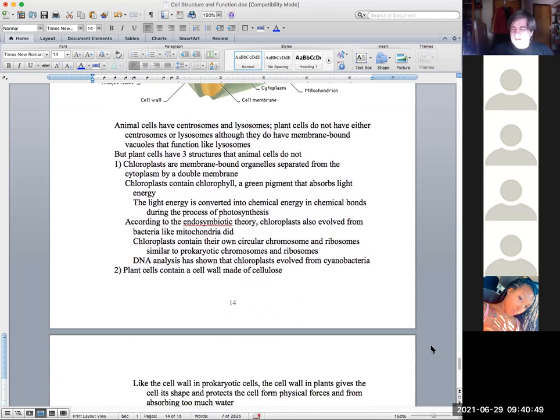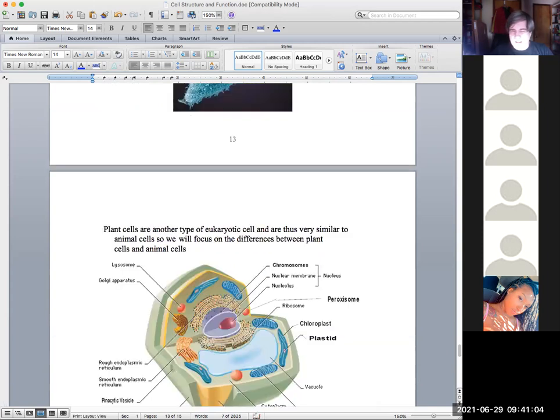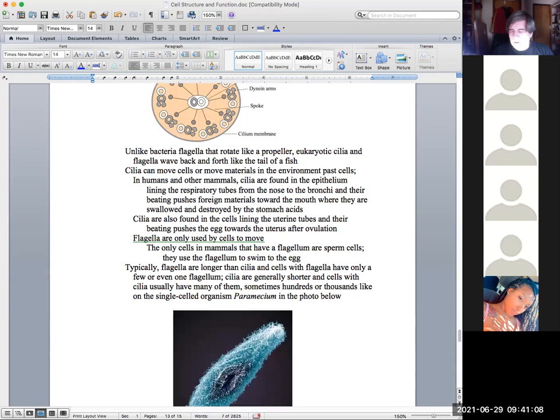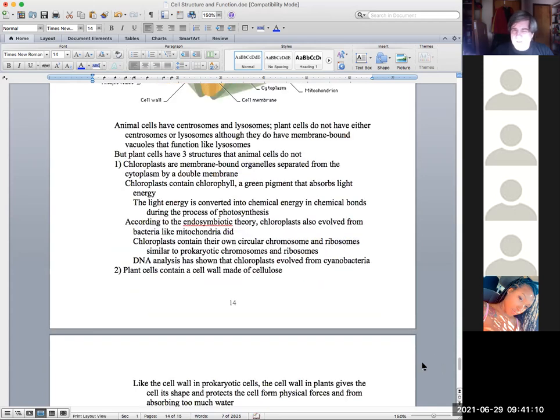So plant cells have a cell wall, they've got a central vacuole, and they've got chloroplasts. So they've got three main things that we don't find in animals. Animals have two main things that we don't find in plants. When we look at animals, animals have lysosomes and centrosomes.